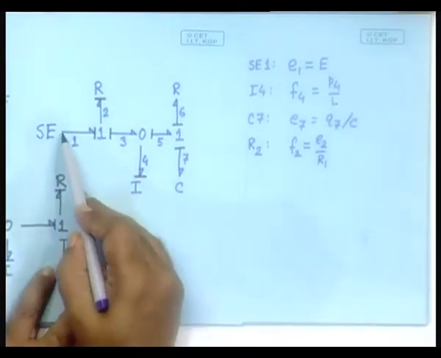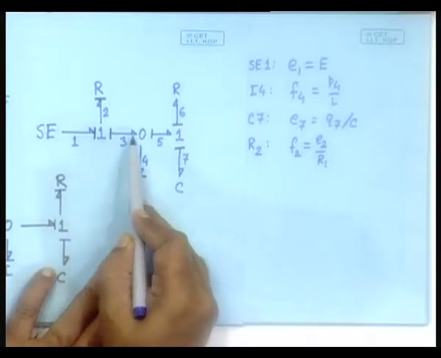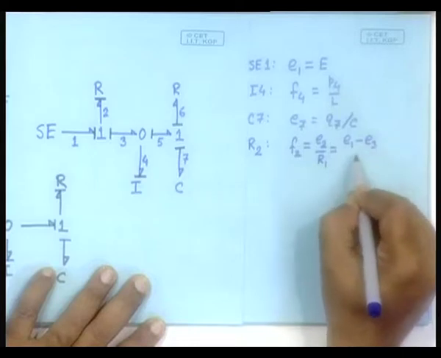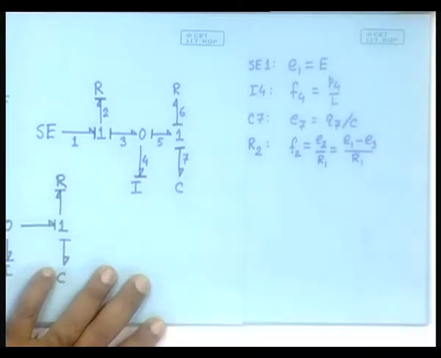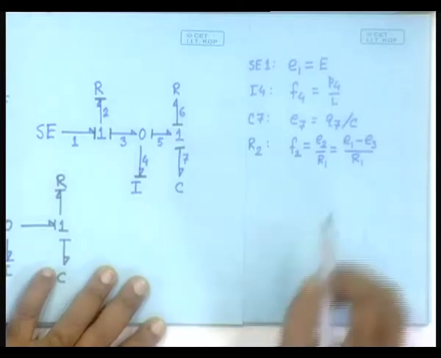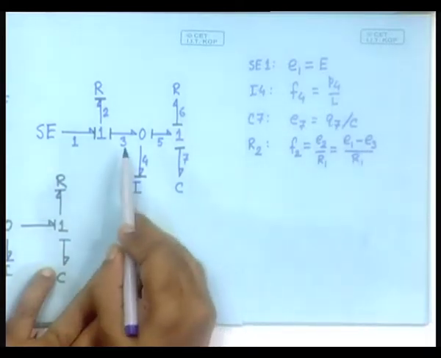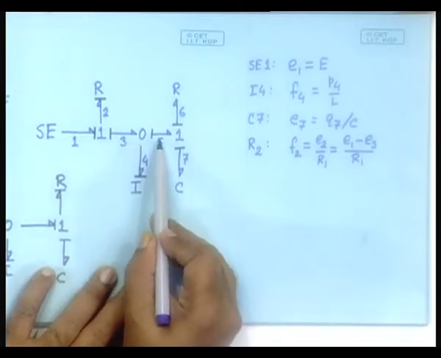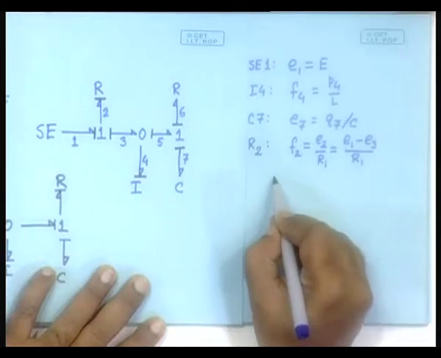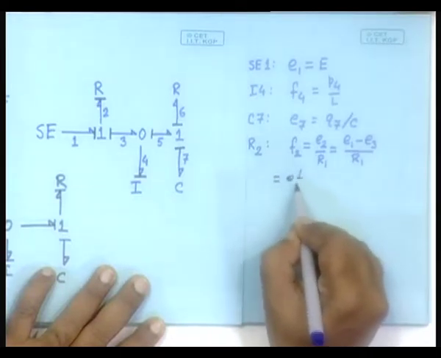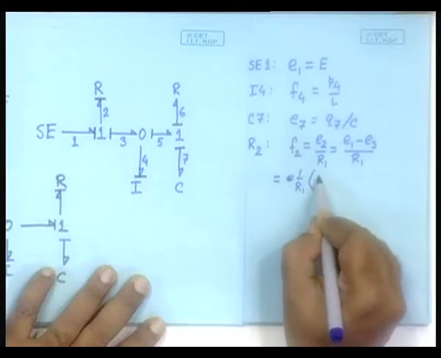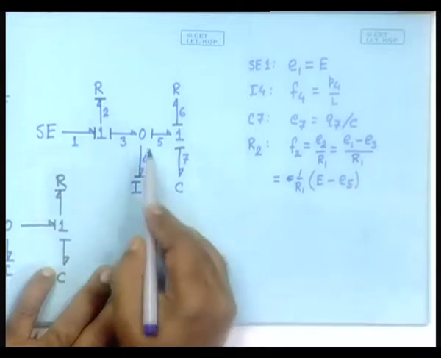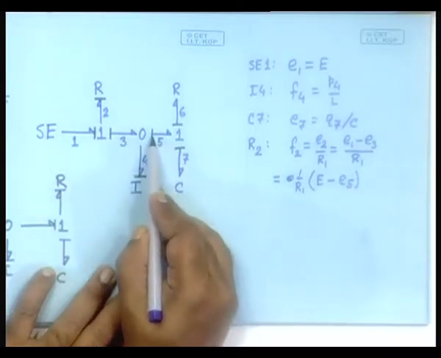So, it will be E1 minus E3 by R1. E1 is known, E3, where does it come from? Yes, that is a strong bond. So, it is 1 by R1, E1 is known, minus E5. So, E5 is the one that has brought in that information.